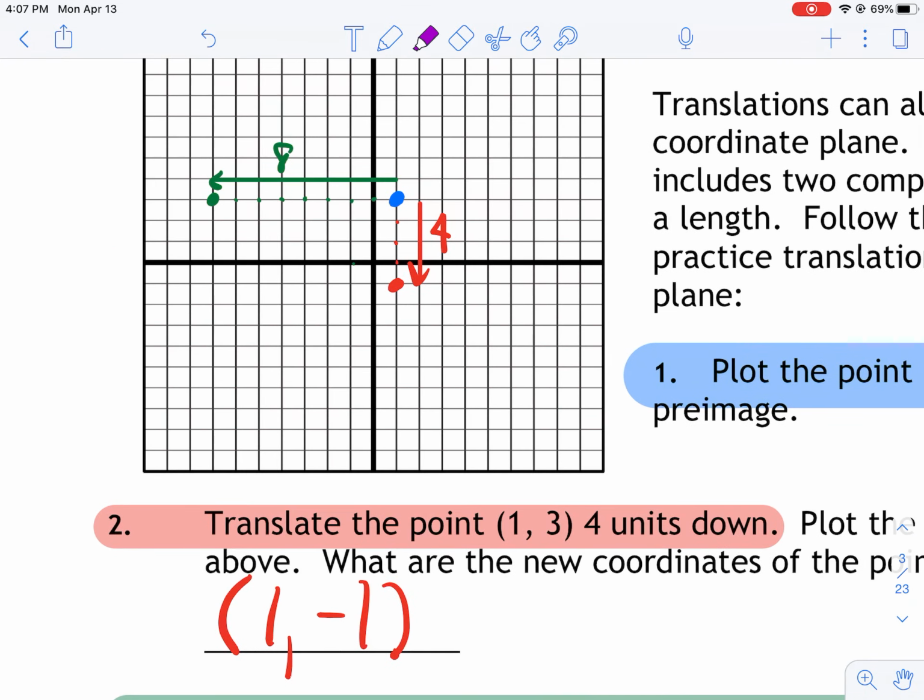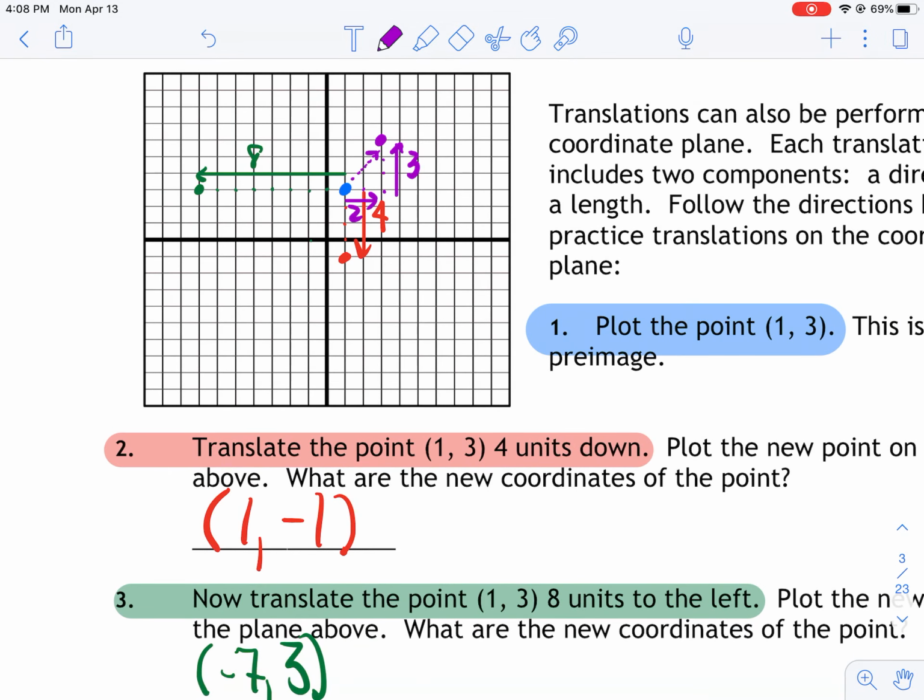Yep, 2 to the right, and then 3 units up. 2 to the right, right there, and then 3 units up. 1, 2, 3, right there. 2 to the right, 3 up. Okay? That is a diagonal translation.